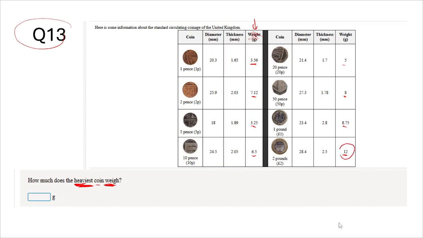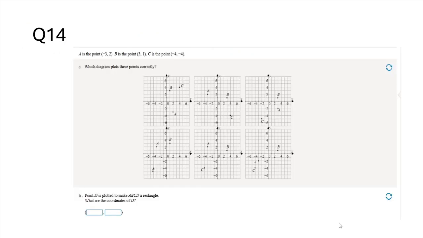This is the right answer. The 2 pound coin has the greatest weight. So the answer to how much it weighs is 12 grams. Okay.